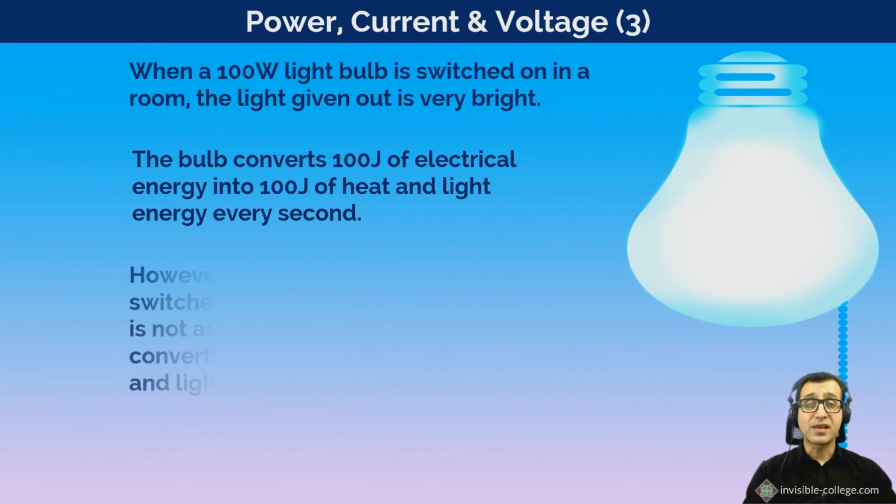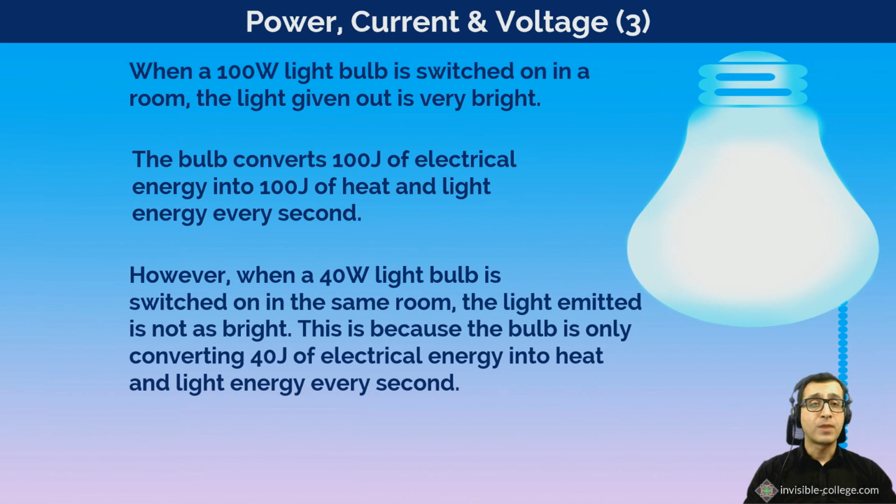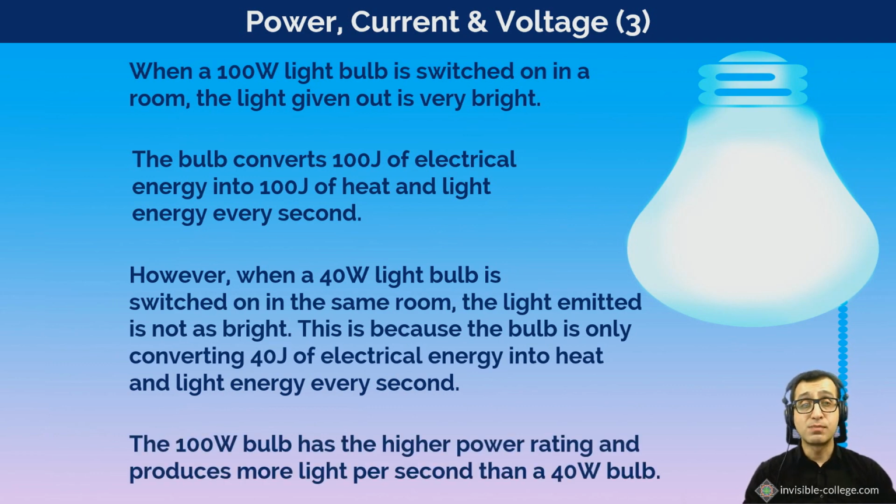However, if we compare this to a 40-watt light bulb in the same room, the light emitted is not as bright. Now, this is because the bulb is only converting 40 joules of energy per second into heat and light. The 100-watt bulb has a higher power rating and produces more light per second than a 40-watt bulb.